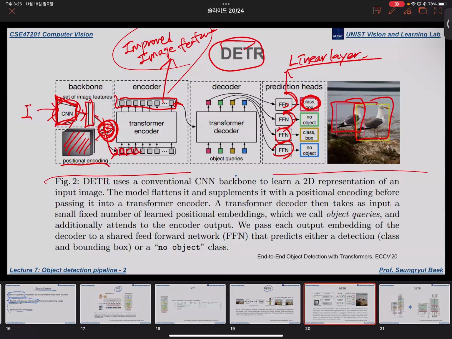So they are assuming that, given one image, this amount of objects will be inside. That's what DETR is doing. Given these 300 object queries, there can be a no-object class. Most of them become no object, and among them, some are mapped to real bounding boxes and class probabilities.